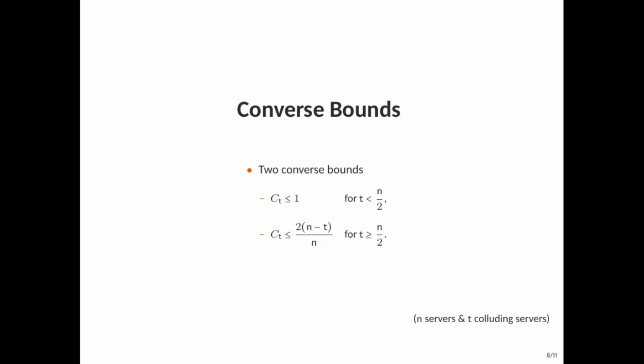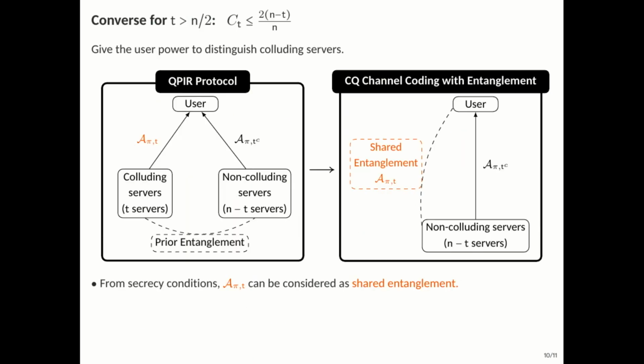So the remaining is the converse bound, the upper bound of the capacity. We have two capacity results, but I only explain the proof idea of the second case. The second case is when more than half of the servers collude, as in the left figure.